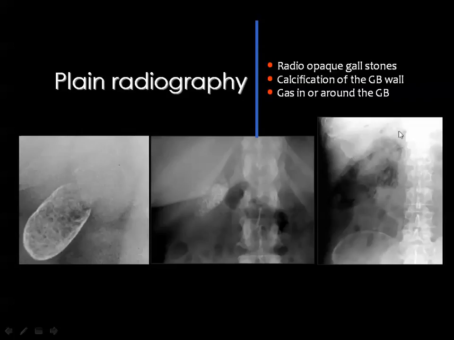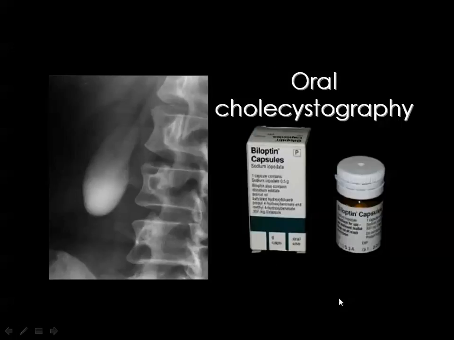Then calcification of the wall of the gallbladder, which is known as porcelain gallbladder, and you know that this is a precancerous condition. Then detection of air in the wall of the gallbladder or inside the gallbladder is diagnostic of emphysematous cholecystitis, which is a severe form of infection usually seen in diabetic patients.